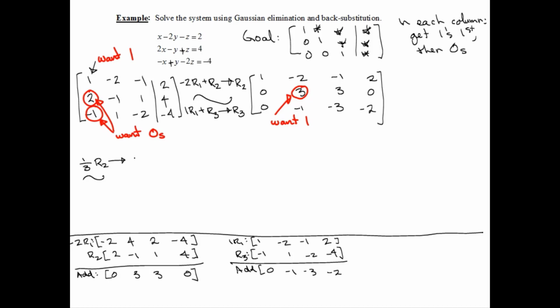So multiply row 2 by 1/3 and put it back into row 2. So my first row remains unchanged. Second row gets multiplied by 1/3, so 3 times 1/3 is 1, 3 times 1/3 is 1, 0 times 1/3 is still 0. Third row is unchanged.